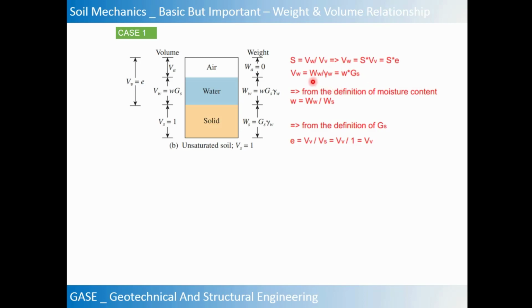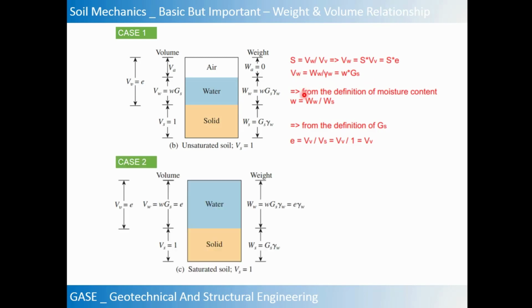And we also have case 2. This case 1 is the unsaturated soil, which means that we have the water and the air here. But for this case, this is the saturated soil. There's no air in the soil specimen, and the water is fully filled in the void. So it's really easy because we already know from the definition of the Gs.